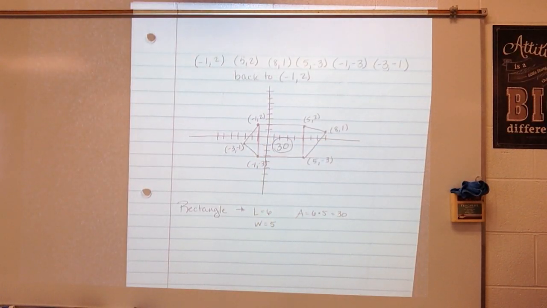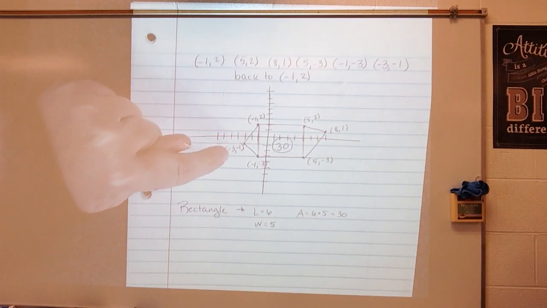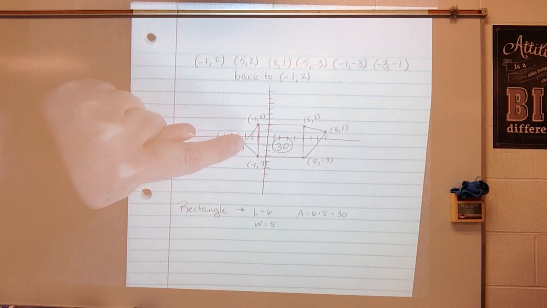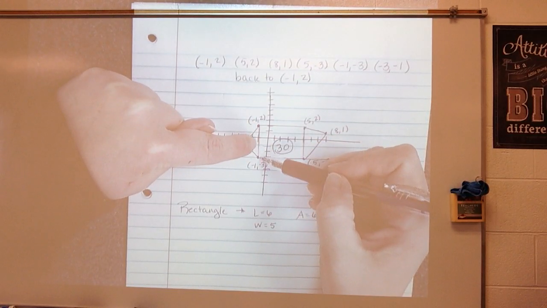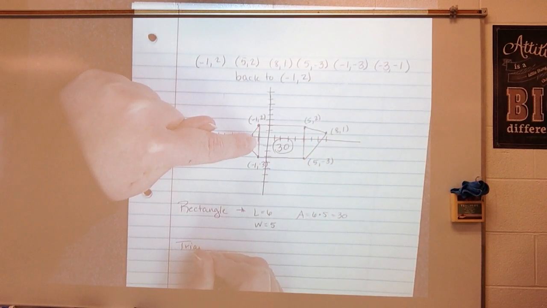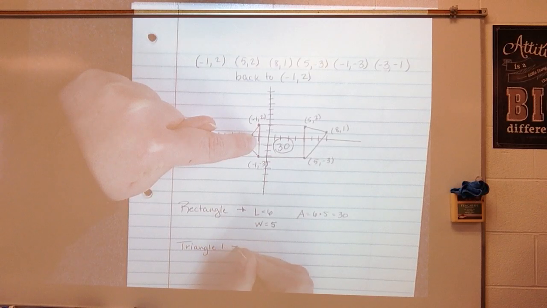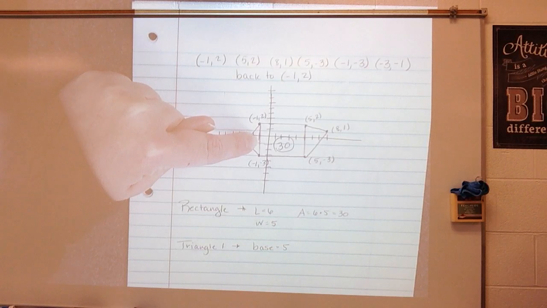Now I need to find the area of the 2 triangles. One of the triangles has vertices -1, 2, -3, -1, and -1, -3. I know the base of it. If I look at the base of my triangle, it goes from 2 to -3. We'll call this triangle number 1. The base is 5.